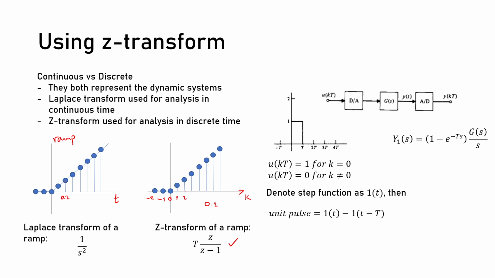And let's see the application of the transform for a dynamic system. Suppose you have a dynamic system, let's say an RLC circuit or a DC motor, or any other system that is linear.